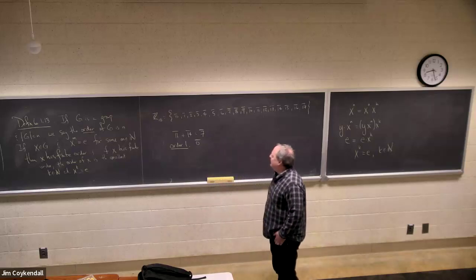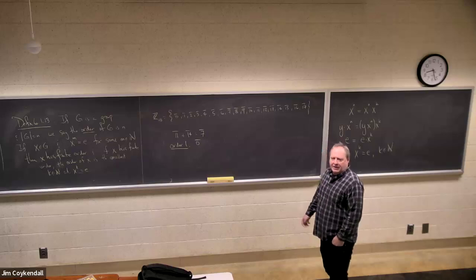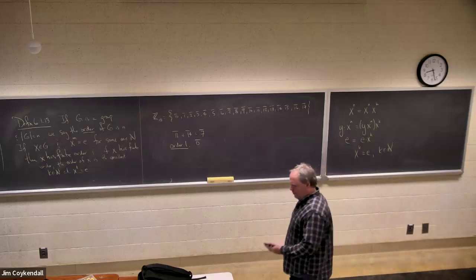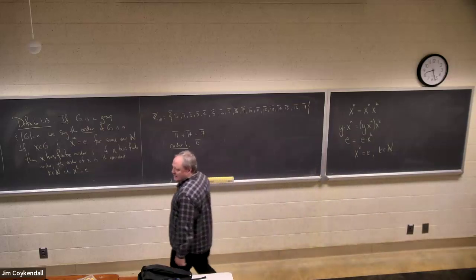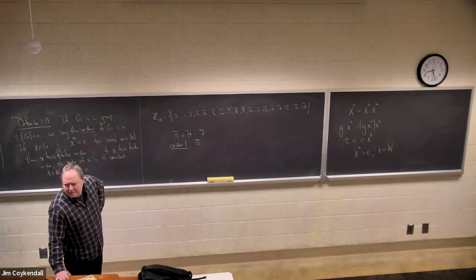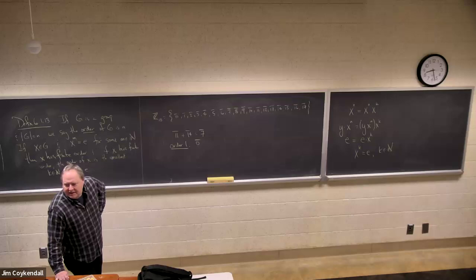Somebody find me an element of interesting order, and then we'll find all of it. What's the order of 1? How many times do you have to add it to itself to get the identity? 18.